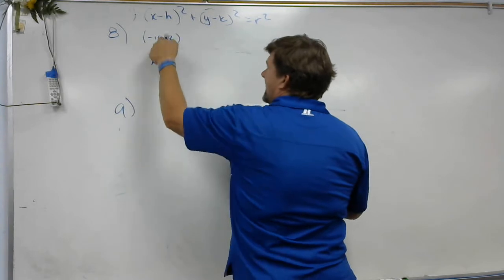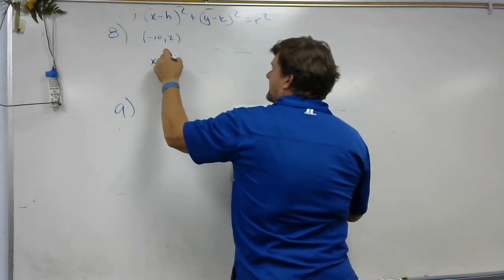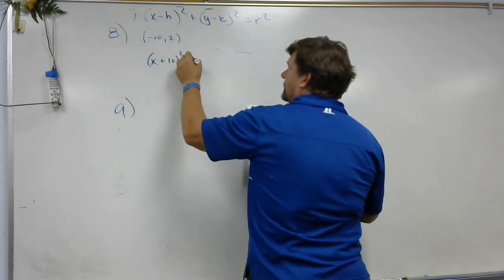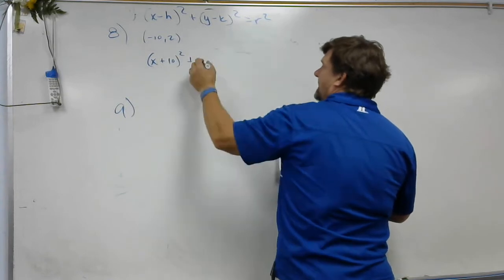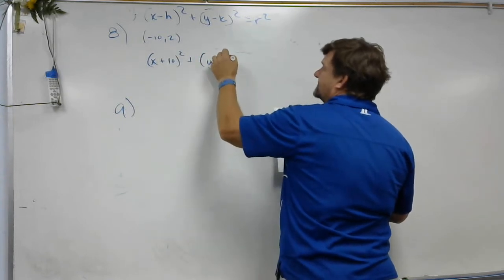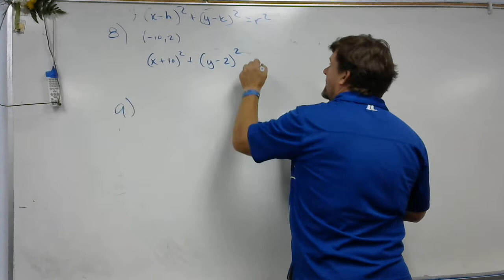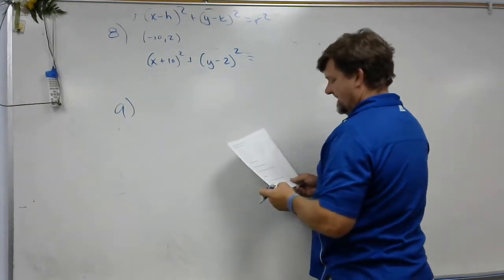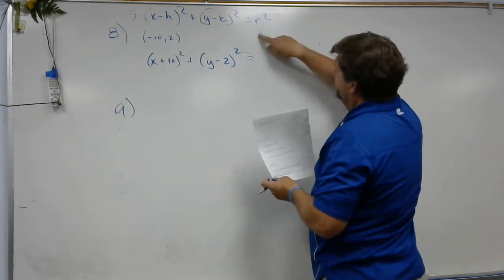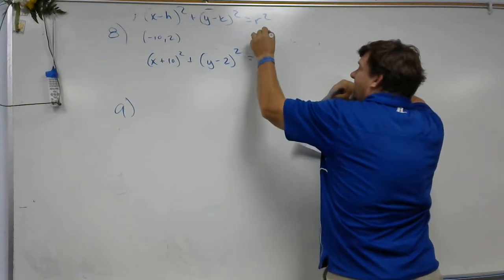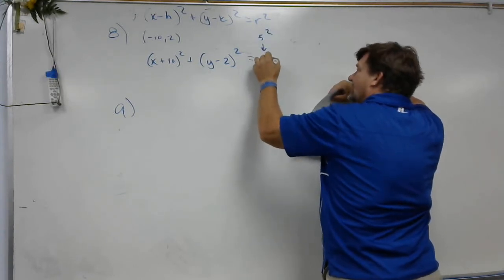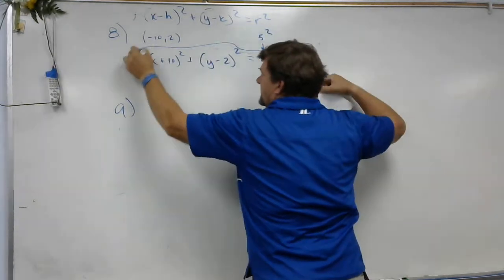So now I've got opposite in here. I've got plus 10 squared. K is going to be the opposite, which is going to be y minus 2 squared. And they give us an r of 5 squared. So 5 squared gives me 25. That is my equation right there.